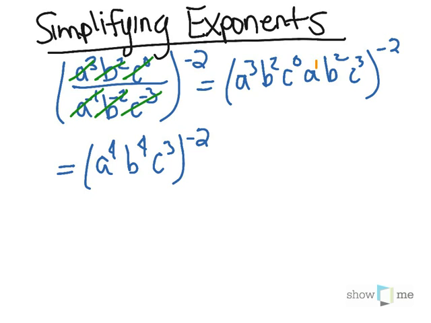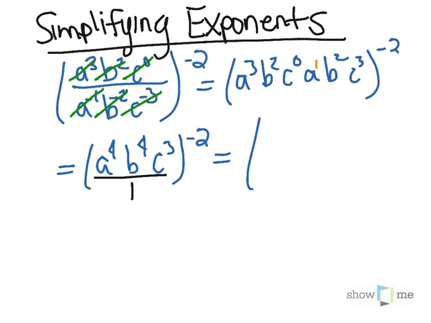Now with a negative exponent, I can do two things here. I can either distribute it to each of my a, b, and c, or I can go ahead and flip what's inside and make it a positive exponent. We talked about this in class. So this is the step I'm going to do instead of distributing it. Flipping the inside, remember, even though there is not a denominator, it's as if it was over 1.